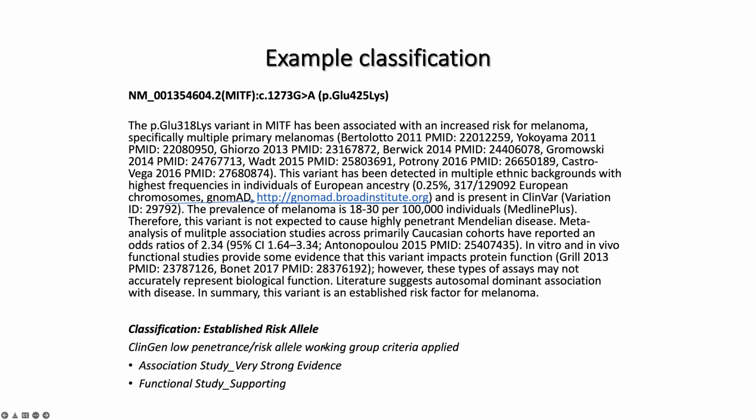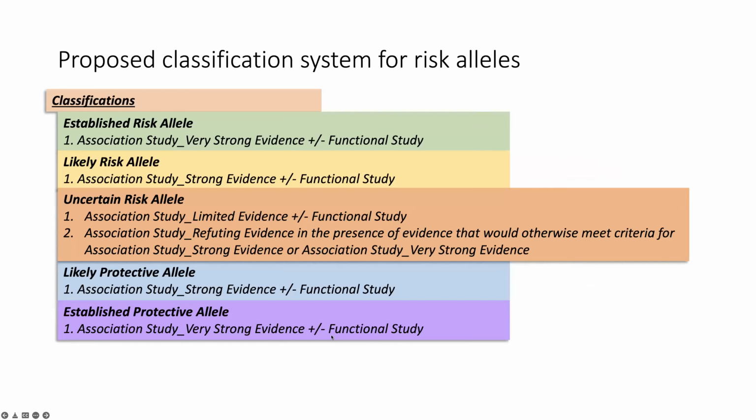So Ryan, I can take over, but if you want to go back real quick. Okay. One thing, just to that point: this is meant to be that there's data associated with a particular variant that is either protective or a risk allele, as opposed to the wild type allele. So the idea of, say, factor V Leiden being a risk variant, the wild type allele is not meant to be called a protective allele.